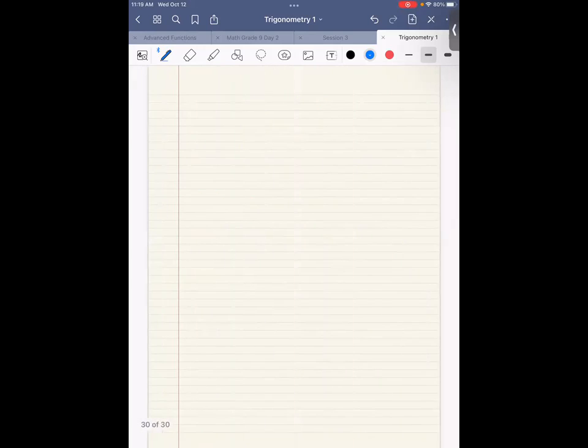And remember, so maybe I just create a table. So here is a quadrant. Here is sine, and here is cosine. Sine theta, cos theta.